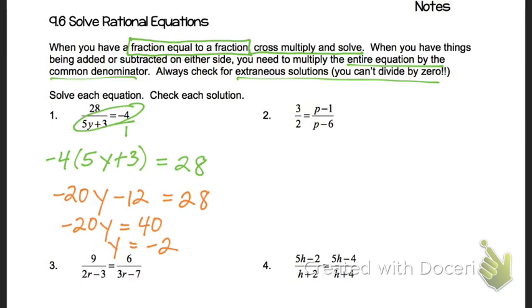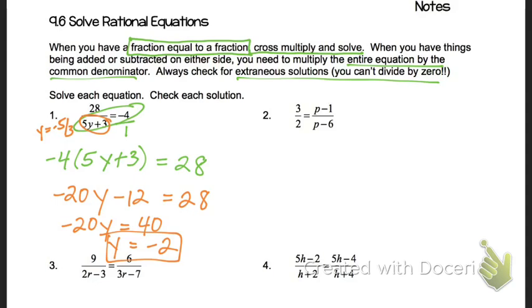What it means by extraneous solutions would be, if I plug in -2 here, would that make my denominator 0? If it would, then you would say that it's extraneous, and then there would be no solution. But the only extraneous solution would be y equals -5/3, and that's not the same as -2.